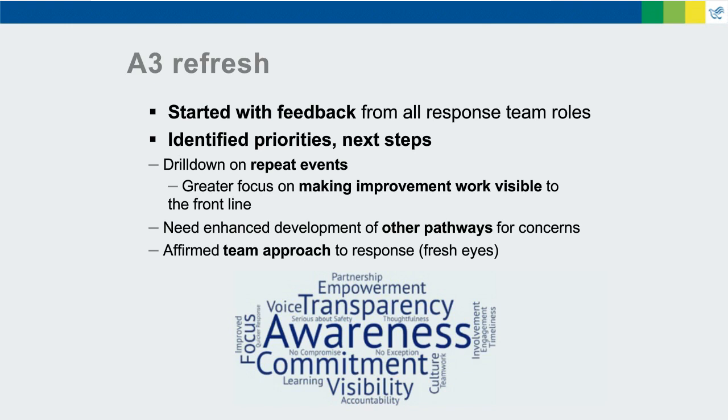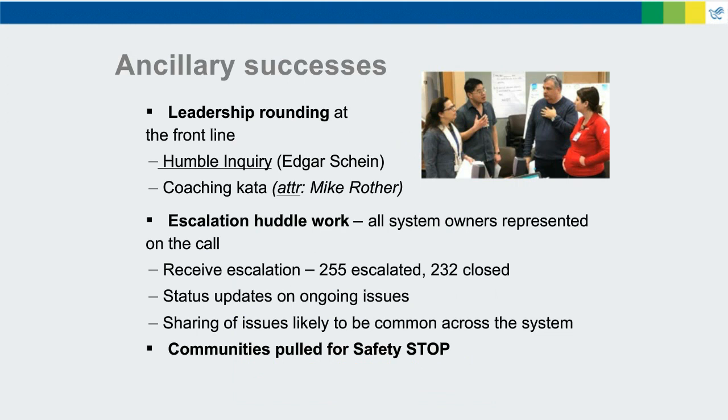So some other successes is this has really prompted a lot of leadership rounding at the front line. We've embraced humble inquiry and using a coaching kata. It really has affirmed the escalation huddle work across the system. We've escalated 255 concerns, of which 232 have been addressed by system resources and closed.